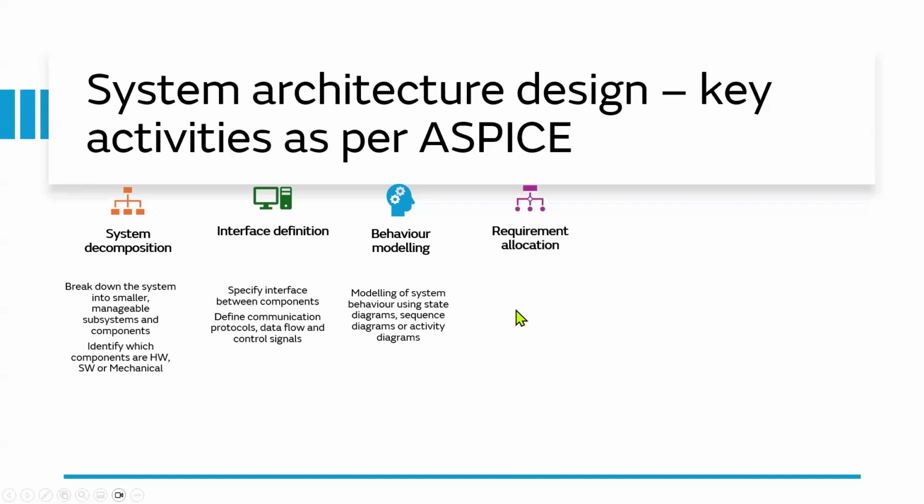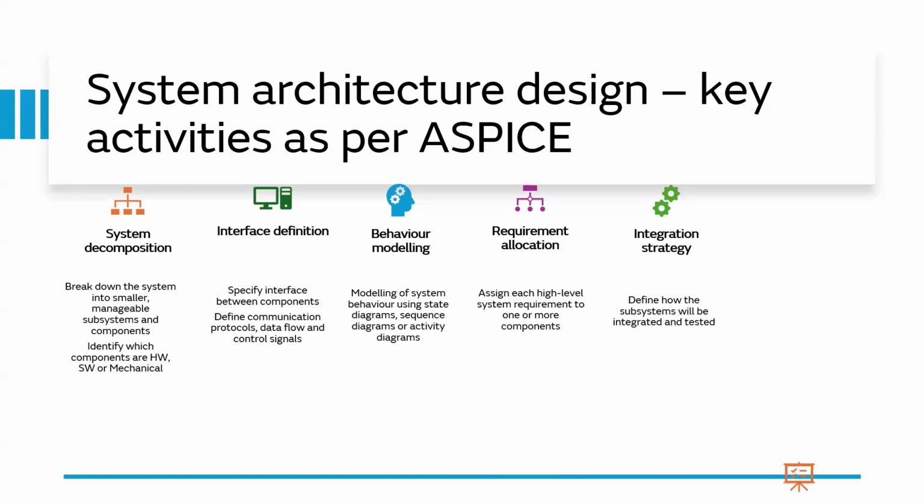And moving on, another activity in system architecture design is the requirement allocation. Because you have already come up with the components, you need to say which requirement goes to which component. Then integration strategy: how do those requirements interact, and you define how the subsystems will be integrated and tested.